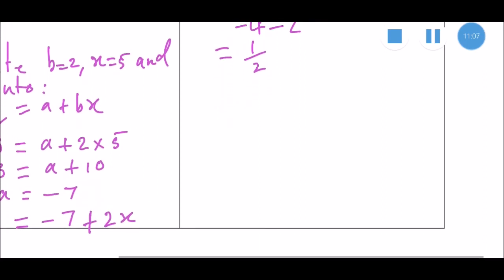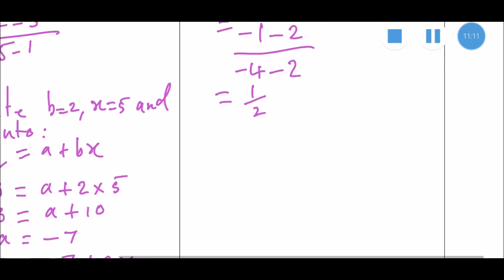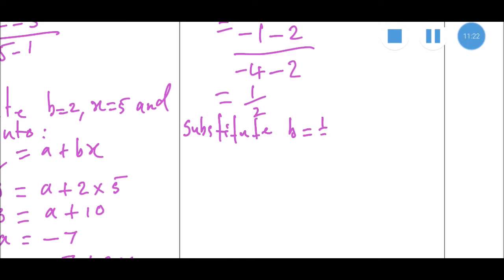Lovely. All right, now using the exact same technique as we did for the previous question, we are going to substitute b equals a half, gradient equals a half, x equals something, and y equals something into the general form of a linear equation, and then solve for a.